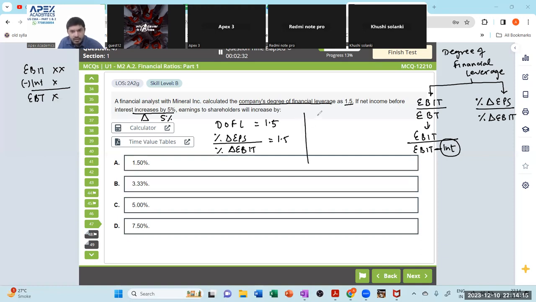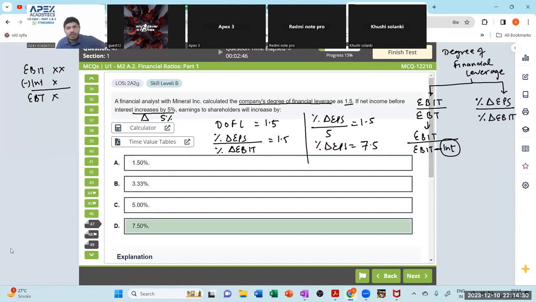So percentage delta EPS upon 5 is equal to 1.5. Therefore, percentage delta EPS will be 7.5. Therefore, your answer is 7.5. Good question. Why? Because it helps you to revise the formulae with the help of this screenshot when you are going through this in your revision time.